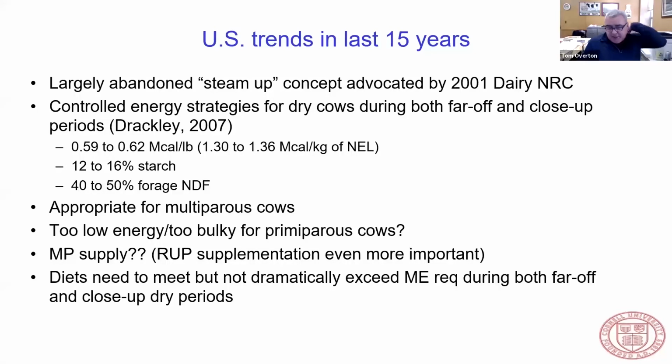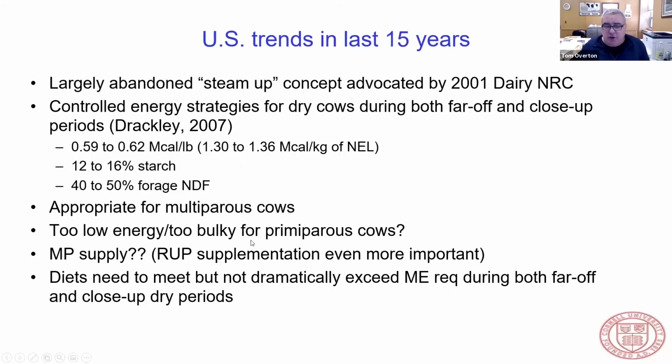So switching gears to the energy and protein side, in our trends over the last 50 years, we've largely abandoned the old steam up concept that was promoted back in the 1990s and very early 2000s. We've focused more on controlling energies in these diets. Some of the recommendations you see where they're real low energy, I think those are probably okay for older cows.